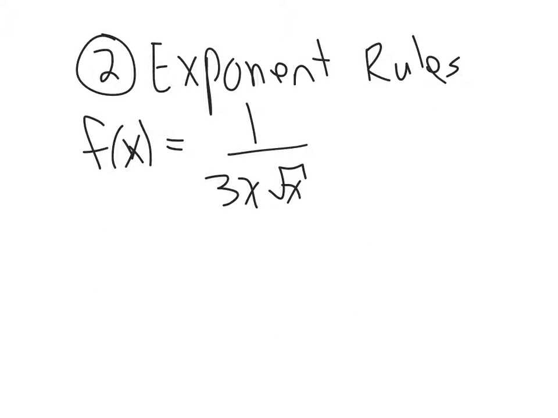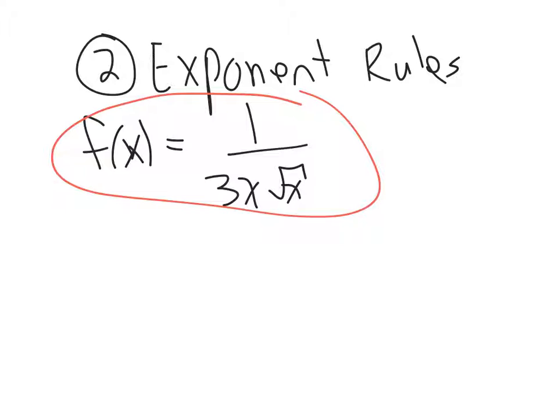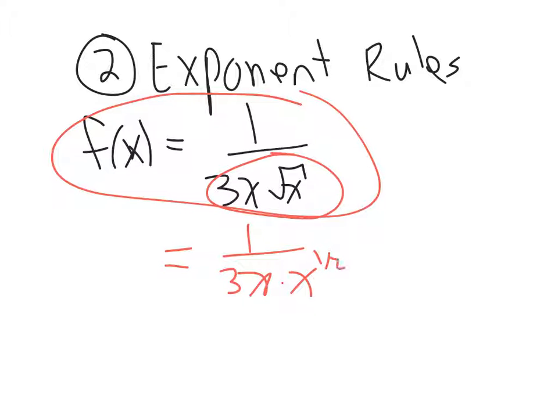Okay. We can also use exponent rules to simplify. So if we had this function here, 1 over 3x times root x. Well, I've got to take that and simplify it algebraically first. So that's 1 over 3x multiplied by x to the 1/2.